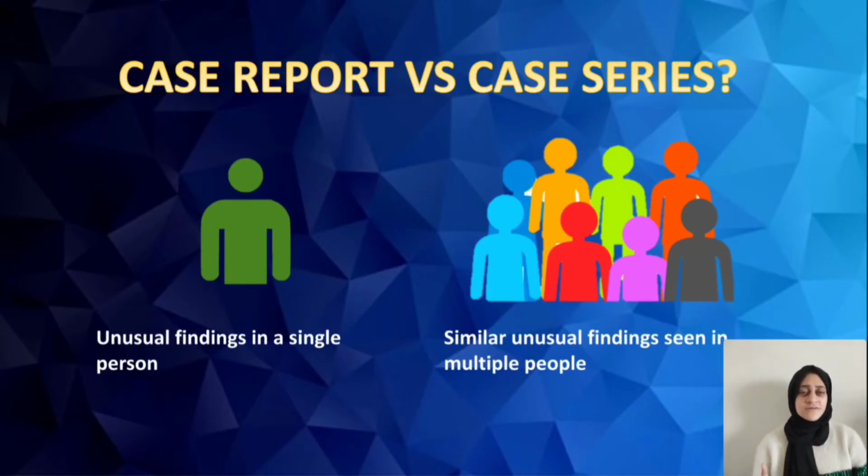Not to confuse it, a case report, as the diagram shows, is to do with an unusual finding in a single person. But a case series is to do with unusual findings in multiple people, a small group, for instance 2 to 10 people showing similar indications of a disease which has not been reported previously.